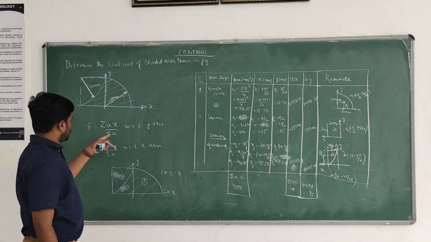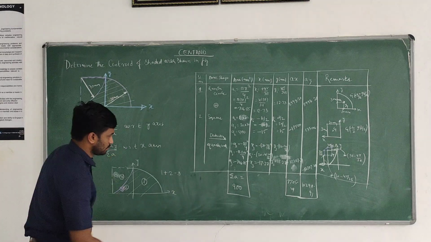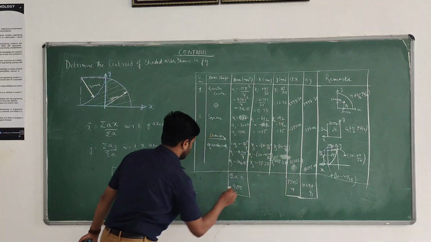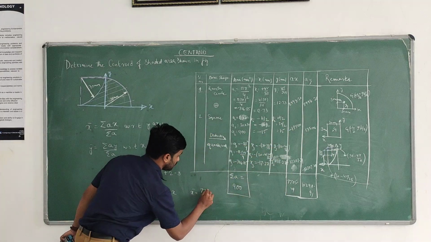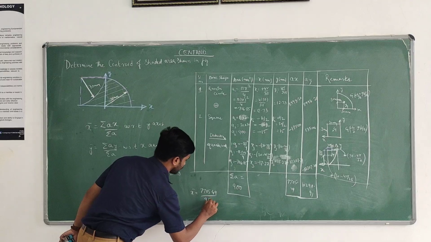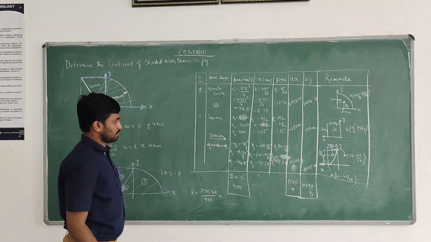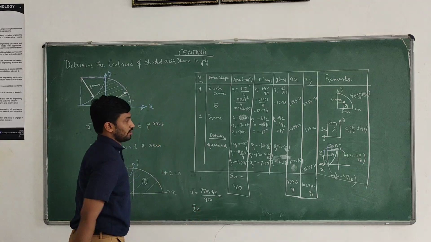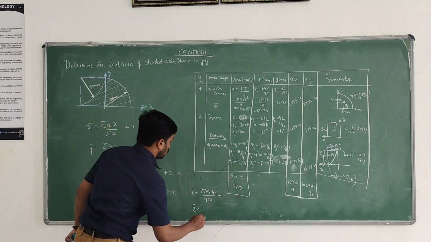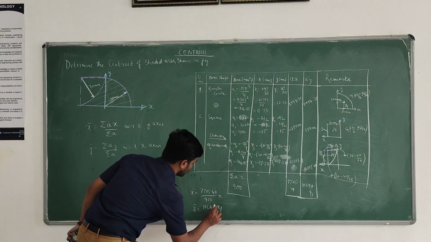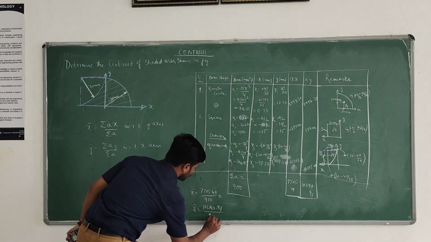Now come here. X bar equals sigma AX by sigma A. So what is sigma AX? 7705.49 divided by 900. Compute X bar. Next Y bar equals sigma AY by sigma A, 10290.91 divided by 900.